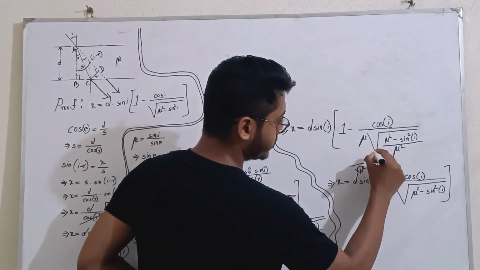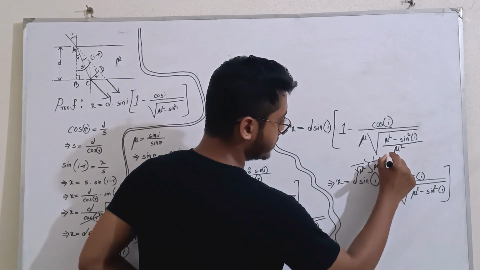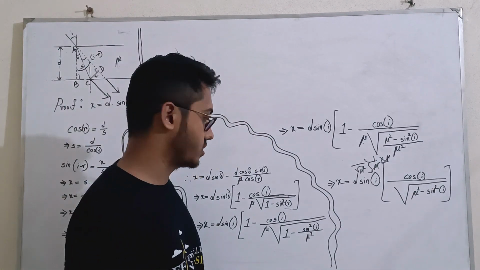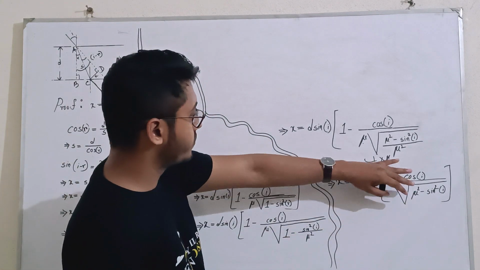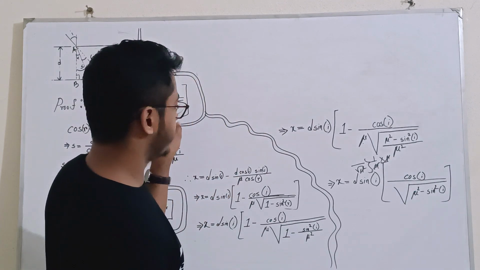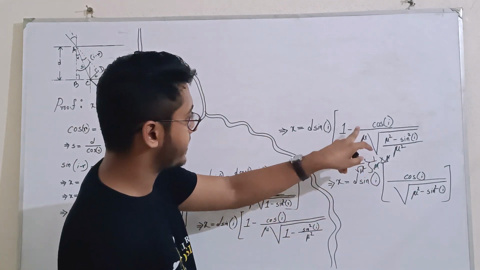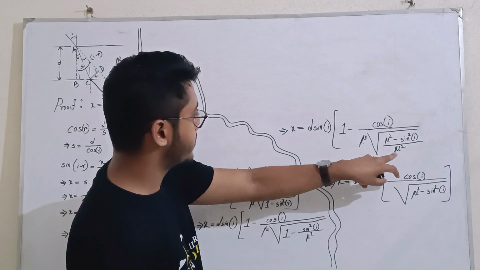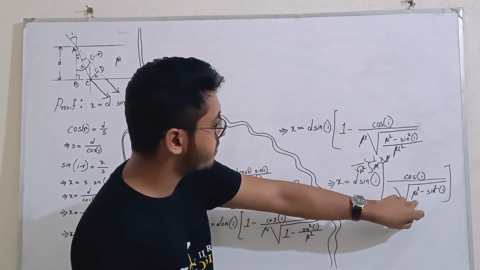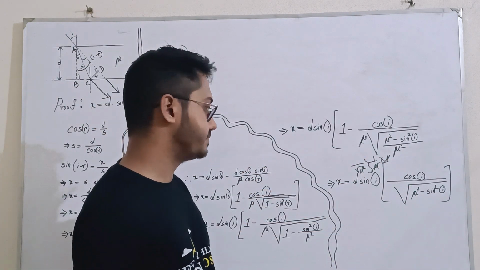So this 1 by nu into this nu will get cancelled out. So finally we will get our desired equation, that is x is equal to d sine I cos I, this nu and this nu get cancelled, over root of nu square minus sine square I.